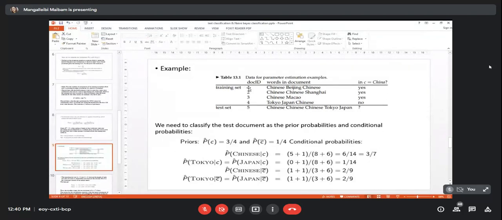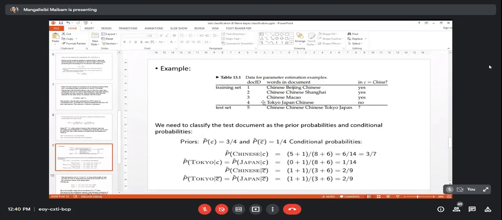So the training set we have is documents D1, D2, D3, D4. These are the words in the documents, and D1, D2, D3 belong to China class, and D4 belongs to not China class. And D5 is a new document, it is not assigned to any class.